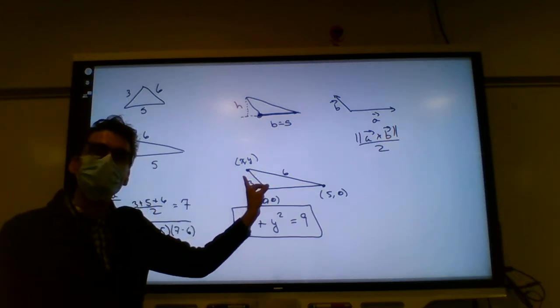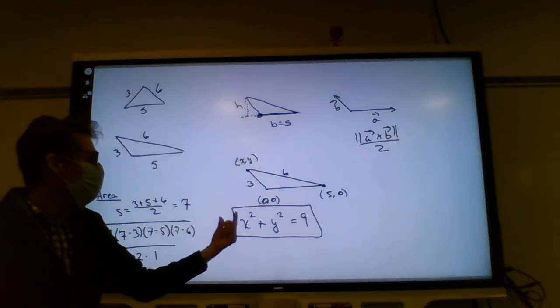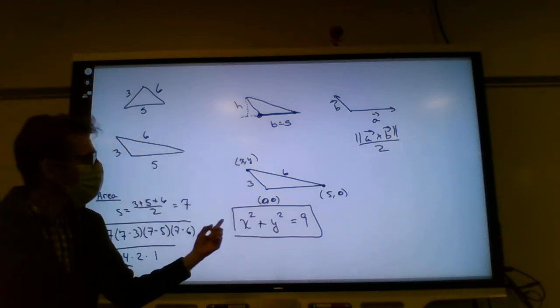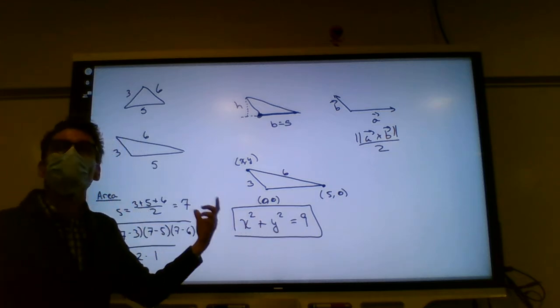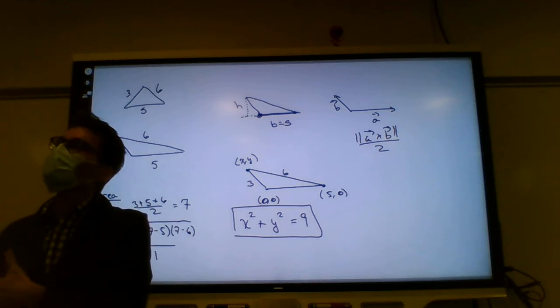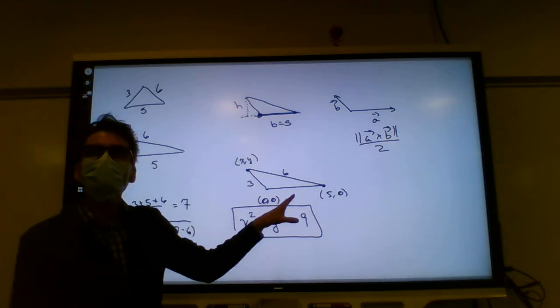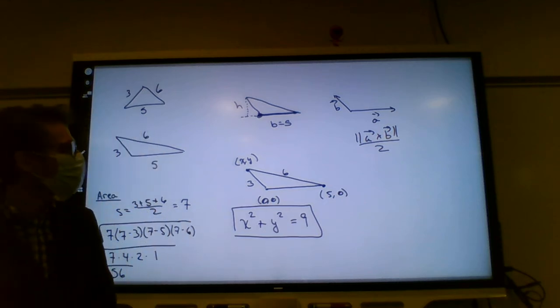So x is negative, y is positive. But since they're both being squared, it doesn't matter in this. But as far as the x values that we're allowed to consider, x needs to be negative, and y itself is positive. And x squared plus y squared is 9.